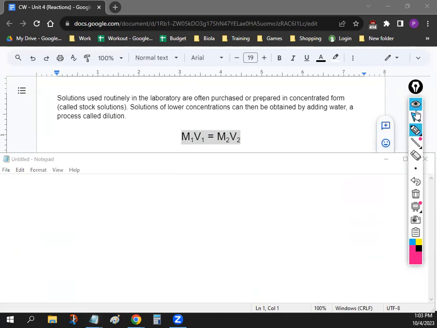All right. So when we have our dilution formula, you guys notice how there's two sides to it, right? And then there's molarity and volume for each side. So the one section, this right here, is what we call our stock solution. And this is the original solution. You can almost think of it as the stronger solution.